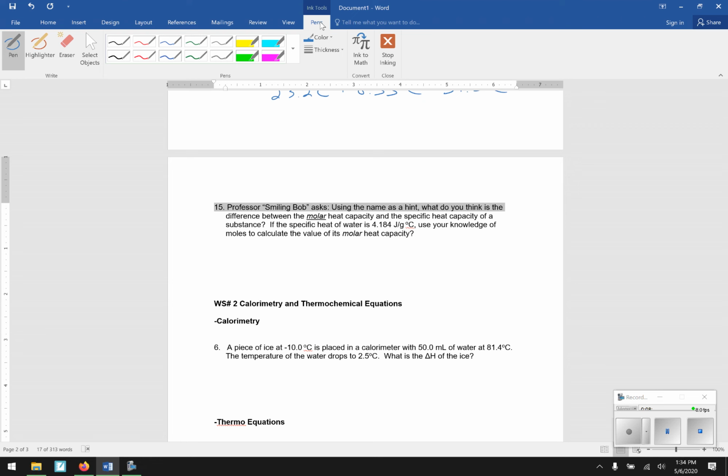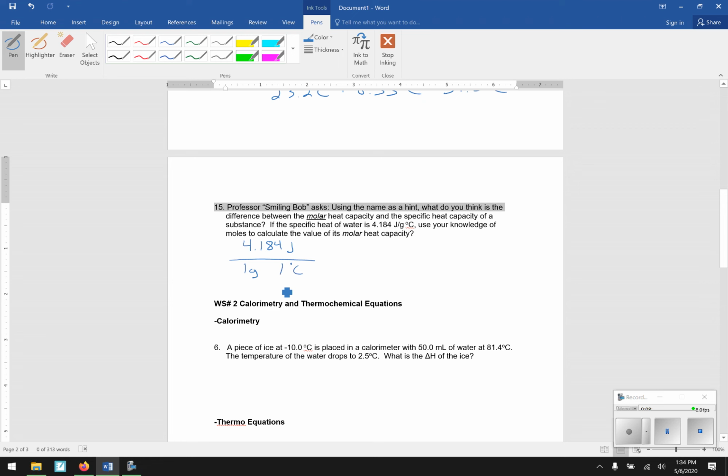So if we want to calculate the molar heat capacity of water, that's really easy to do. We know that water is 4.184 joules to raise it by 1 gram and 1 degree Celsius.